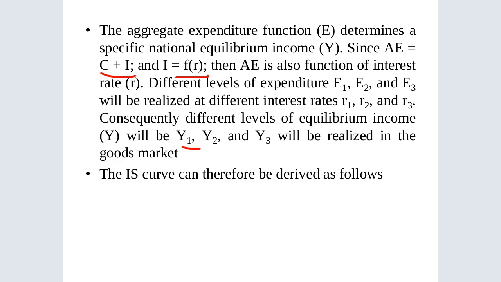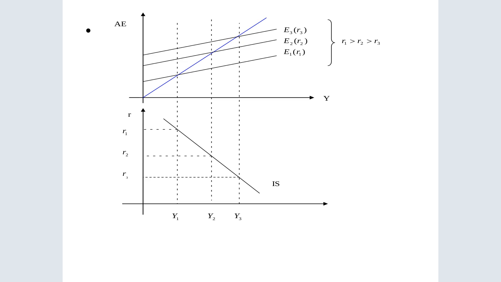So to derive the IS curve, then we proceed as follows. We have the aggregate expenditure versus income, and of course, we can derive the IS equation. So we said the IS equation shows the relationship between the interest rate and income.